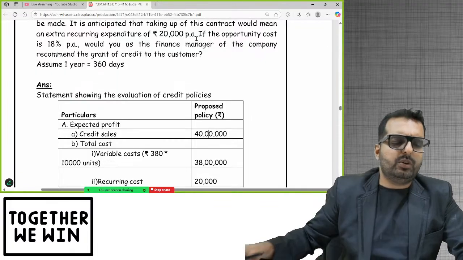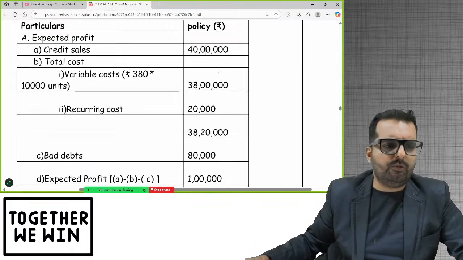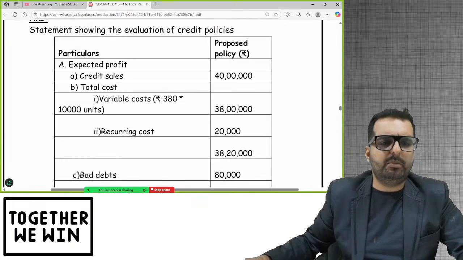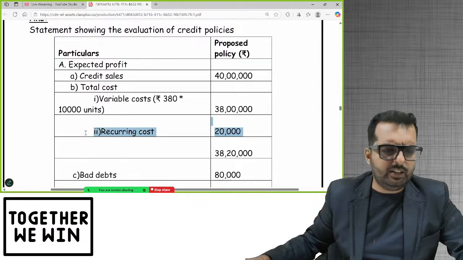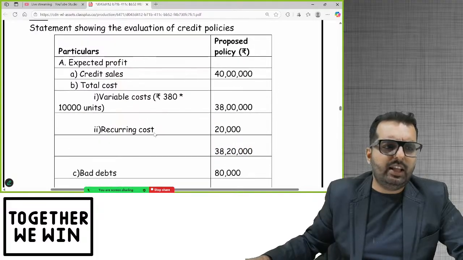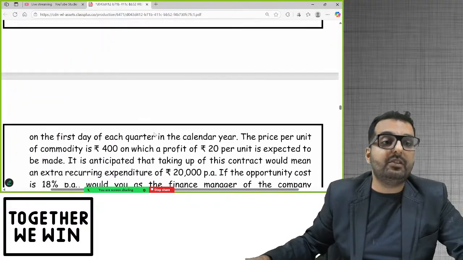Okay. Now, when you come down, you have an expected profit is given of 40 lakhs. Then you have variable cost of 38 lakhs. Recurring cost is 20,000. So you have 38 lakh 20,000. Then they have also told that 2% will be bad debts.